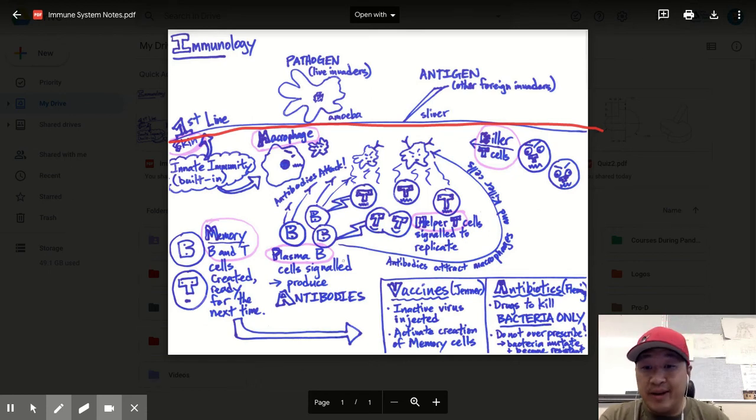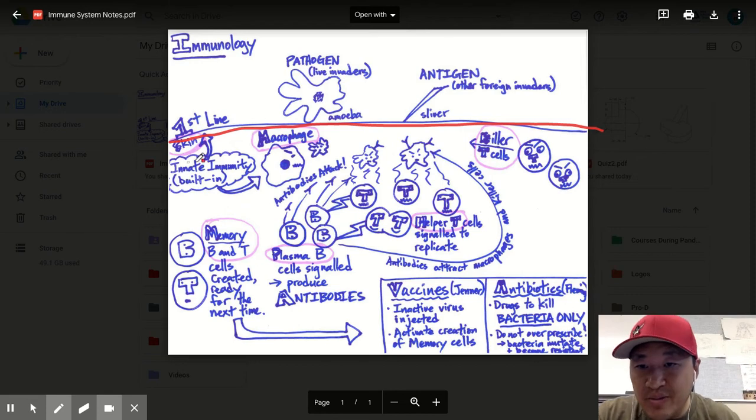But they do leave behind these memory B and T cells. So we've got memory plasma B cells and memory helper T cells ready for next time. So this is very important. This is the cool thing about adaptive immunity.